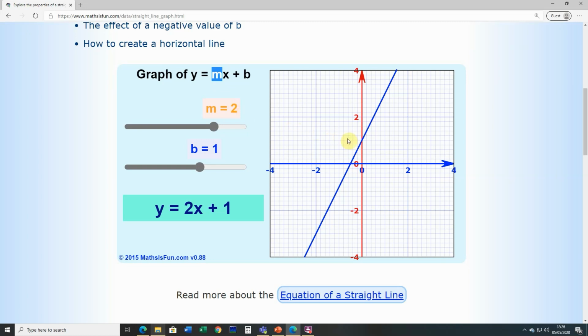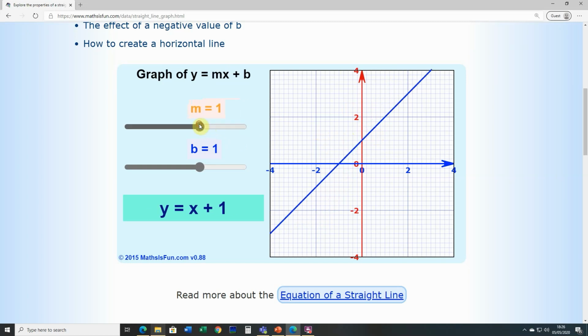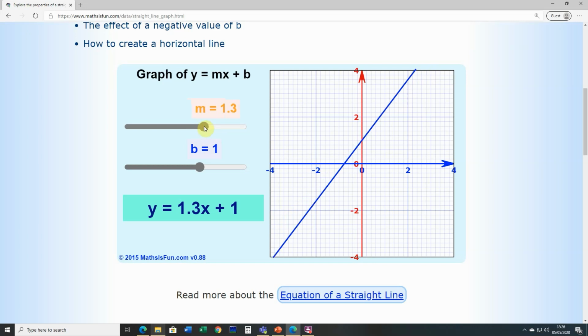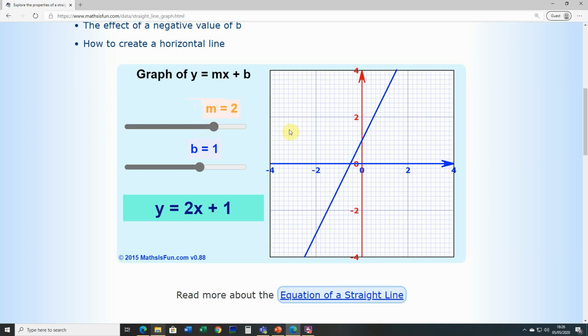So if we have an equation of a line with a gradient of 2, it is steeper than a line with a gradient of 1. This is when the gradient is 1, and this is when the gradient is 2. You can see that it is steeper.